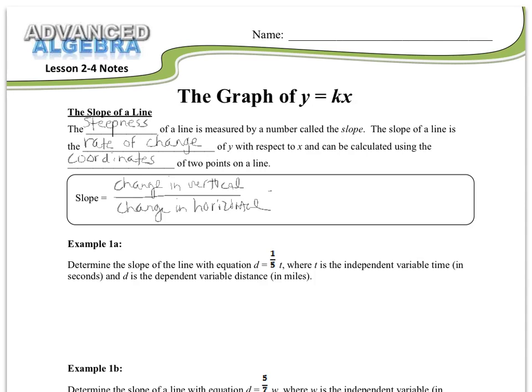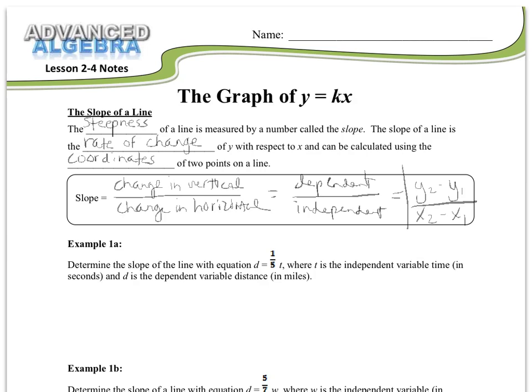You could also say it's the change in dependent over the change in independent. Or you could say it's y2 minus y1 over x2 minus x1.